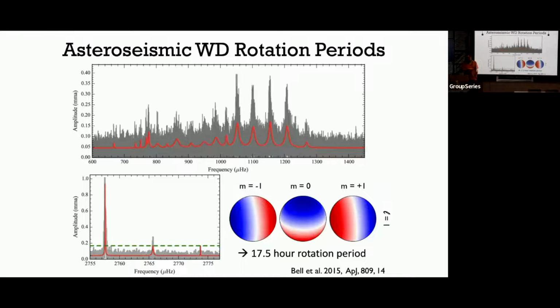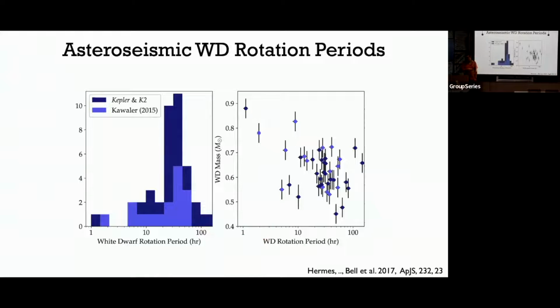And doing that to a large number of stars allows us to measure things like the rotation period as a function of mass, showing that more massive pulsating white dwarf stars appear to be rotating faster. So this may be interesting for understanding the angular momentum evolution of these systems throughout the mass loss process.